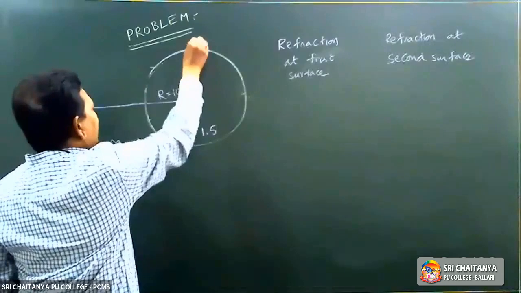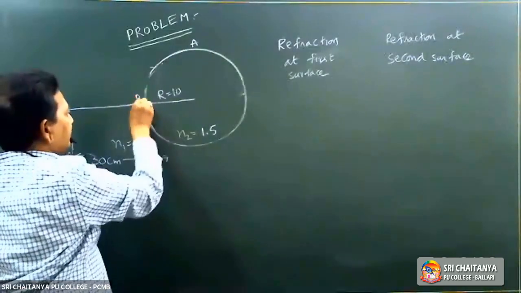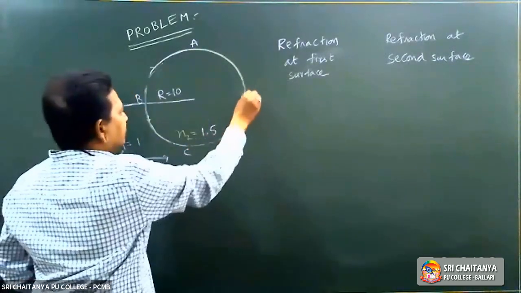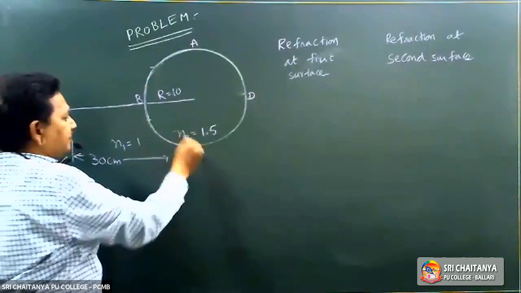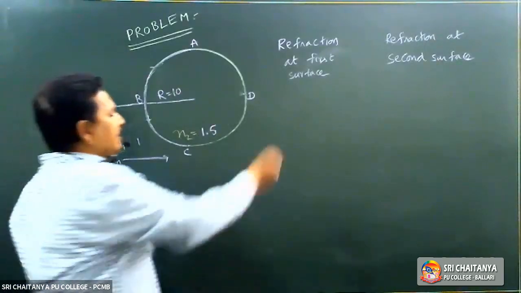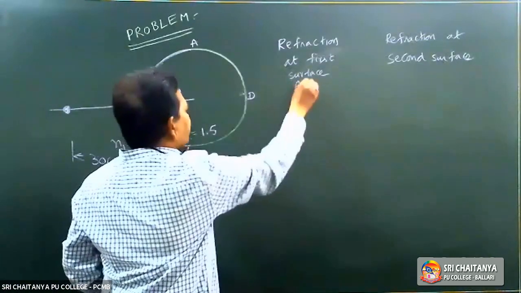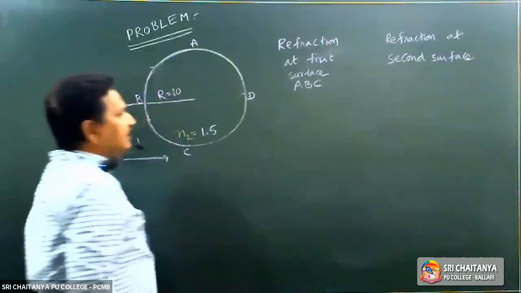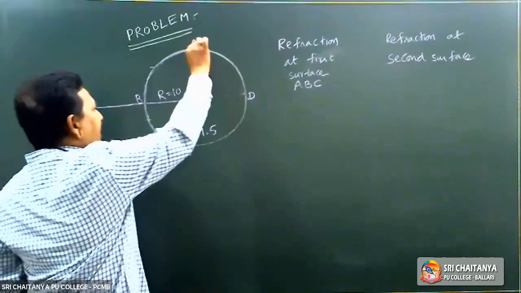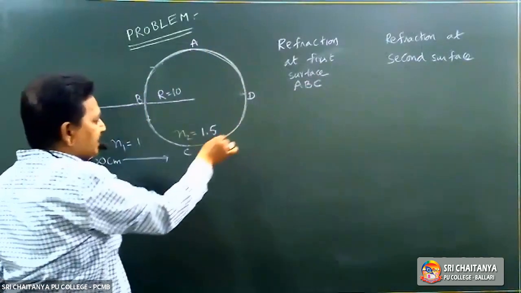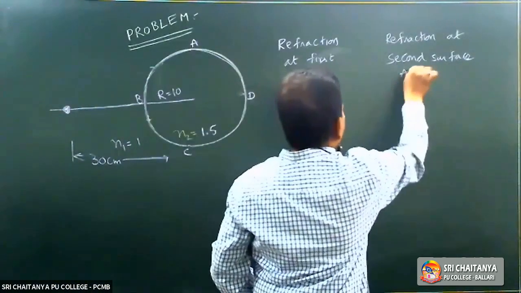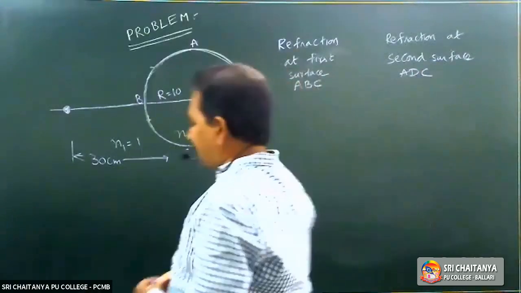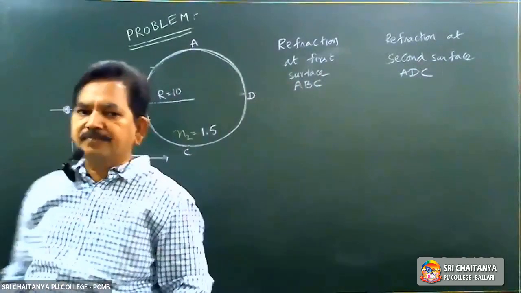Let us consider A, B, C and D. A, B, C is the first surface. A, D, C is the second surface.